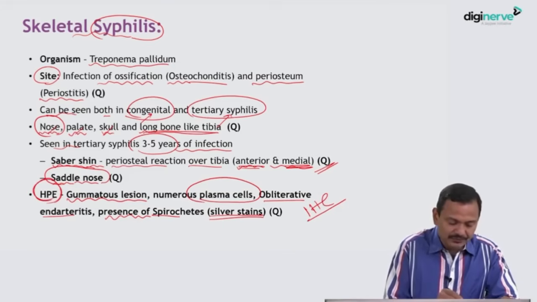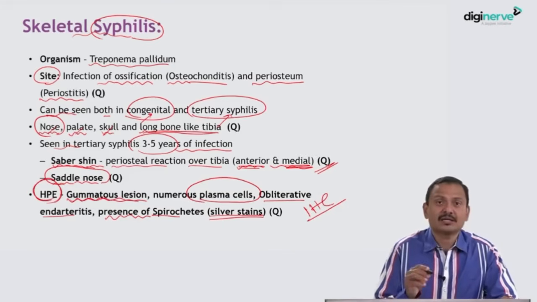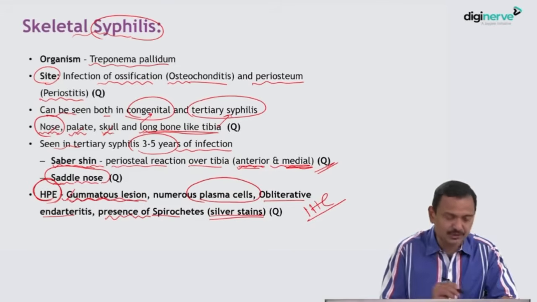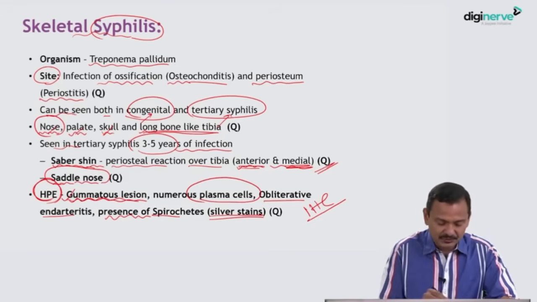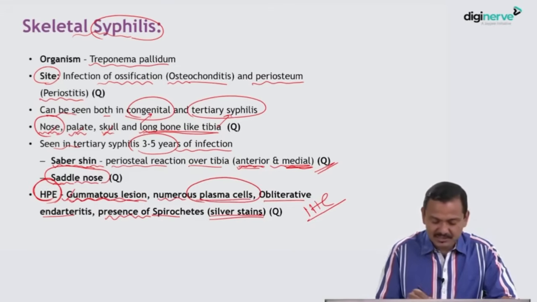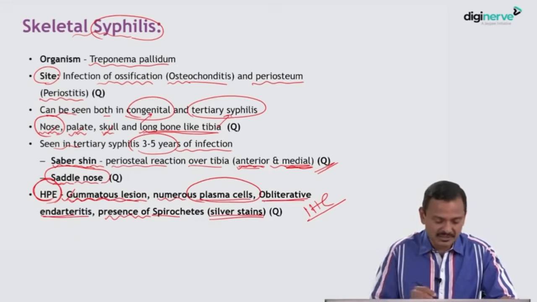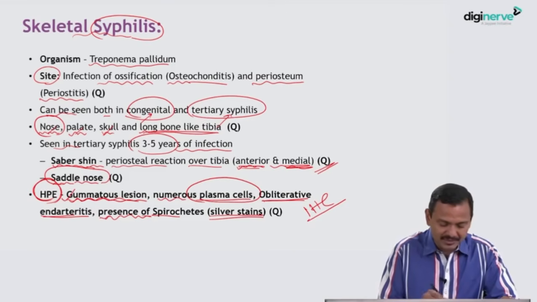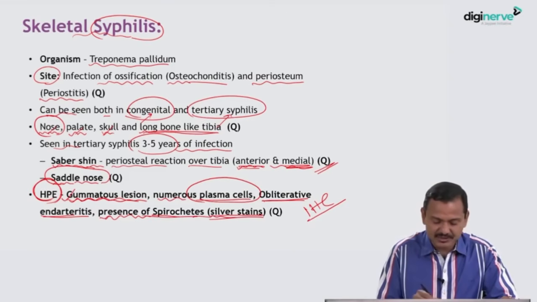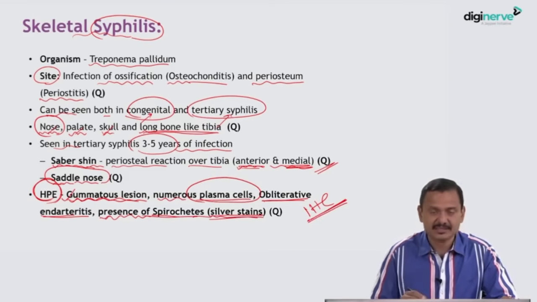On HPE, you will find a gummatous or granulomatous lesion, gumma, G-U-M, and granulomatous lesion which is rich in plasma cells. You will have obliterative endarteritis, or the arteries or smaller vessels will be destroyed, and the presence of spirochetes can be demonstrated by silver stains or IHC, and you can get an MCQ on that.